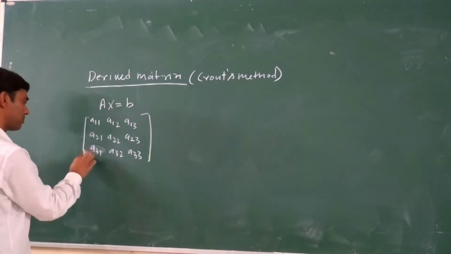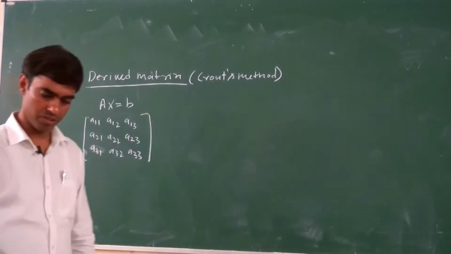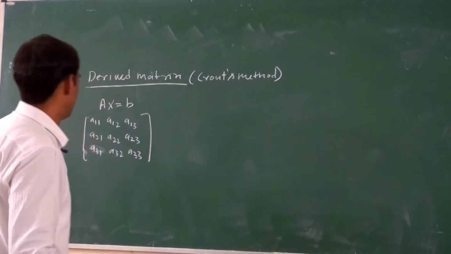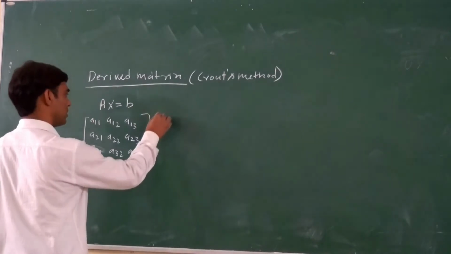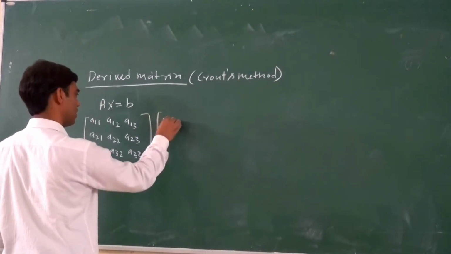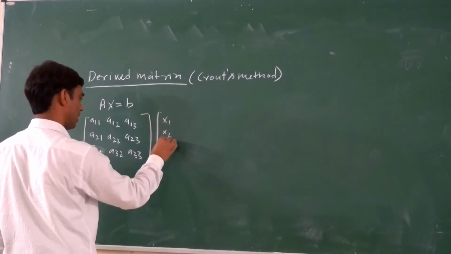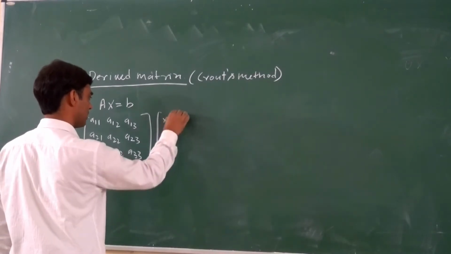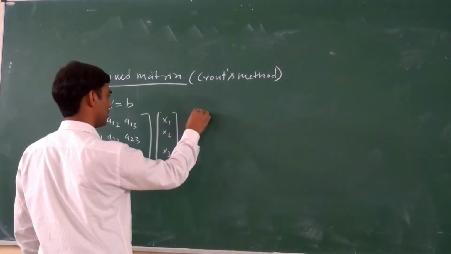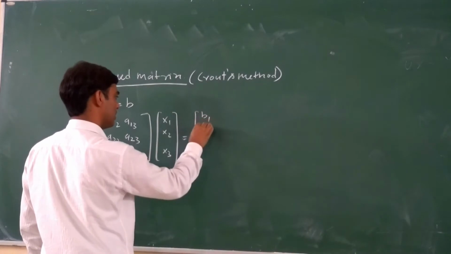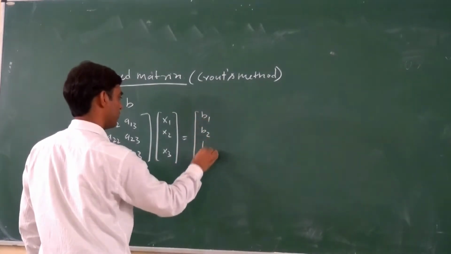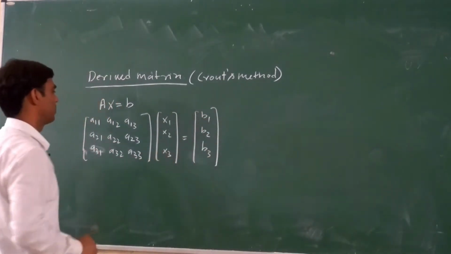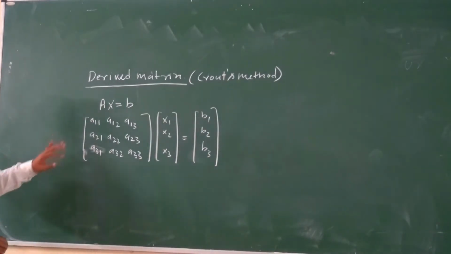And x is x1, x2, x3. This equals b1, b2 and b3. This is the general form of a system of linear equations with 3 unknowns and 3 equations.